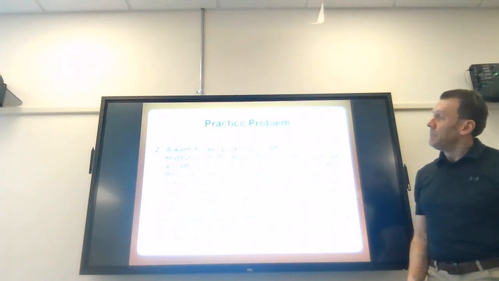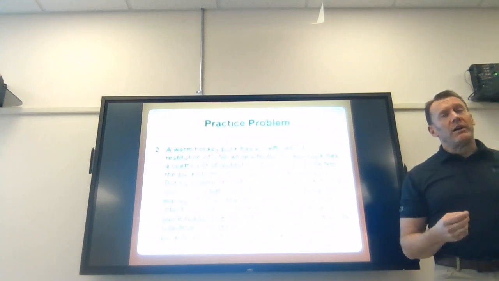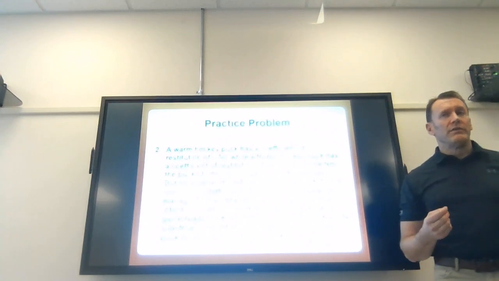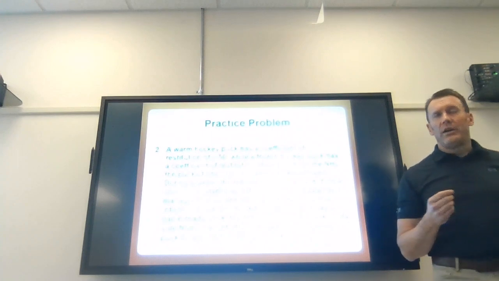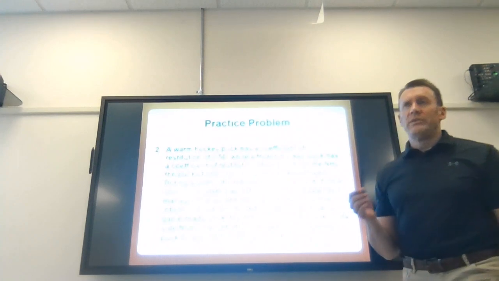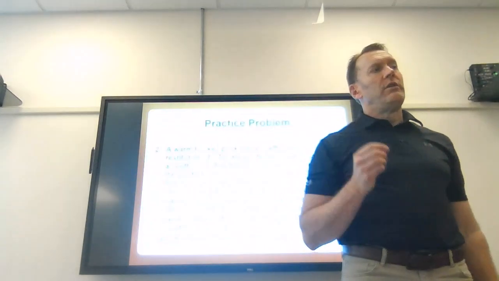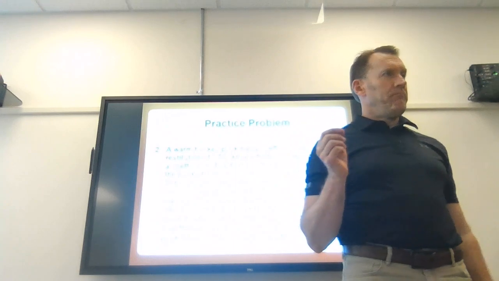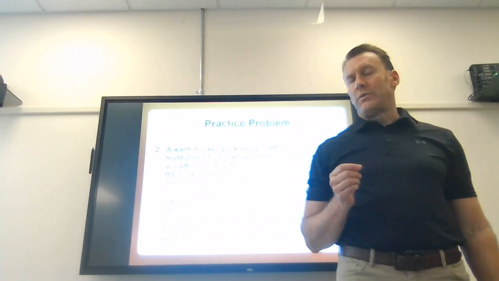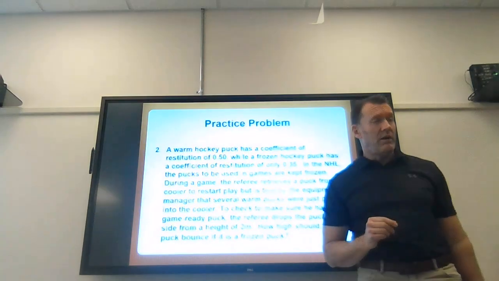So that's the problem. We want to write down what we know. If it's a frozen puck, the coefficient of restitution is 0.35, right? And that's going to equal the square root of the bounce height divided by the drop height. The drop height in this case is 2 meters.